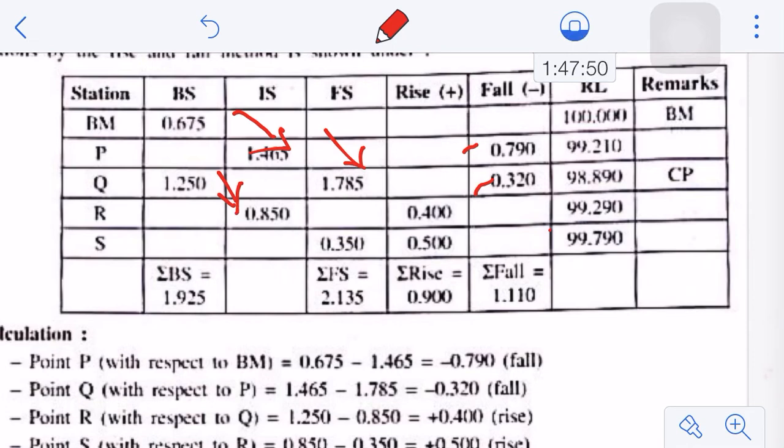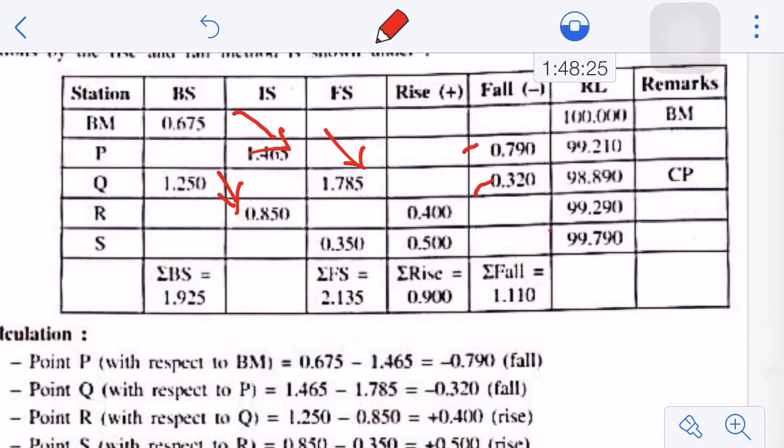So we moved from 0.675 to 1.465, from reading 1 to reading 2, in context of station P. Then for station Q, we moved from reading 2 to reading 3, that is 1.465 to 1.785. Now it is a change point, we have changed the location. So the first reading for the station would now be 1.250, so you need to start your exercise again. So in regard to station R, you are moving from 1.250 to 0.850 and not from 1.785 to 1.250. Mark well here because it's a change point.